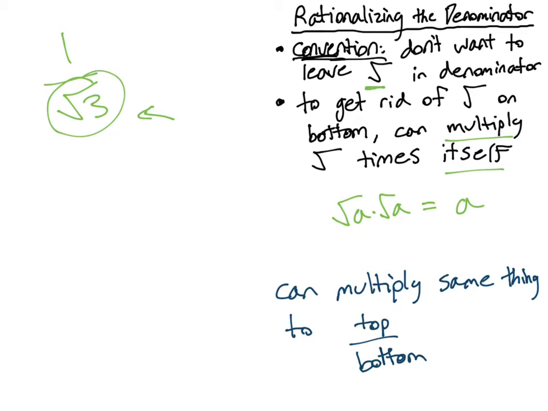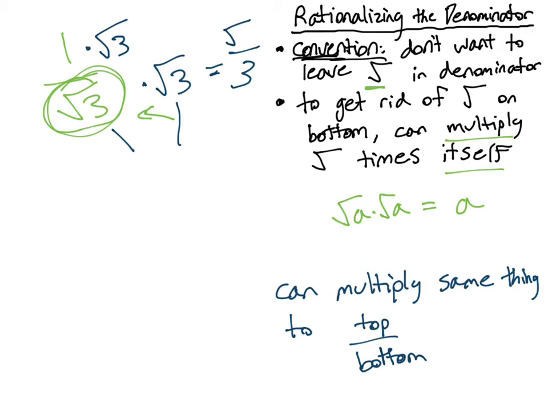So the technique to get rid of this square root of 3 that we have in the denominator is we can multiply it times the square root of 3. And the square root of 3 times the square root of 3 is just equal to 3. But if we do that to the denominator, we also need to multiply times the same thing into the numerator. So 1 times the square root of 3 would give us the square root of 3.